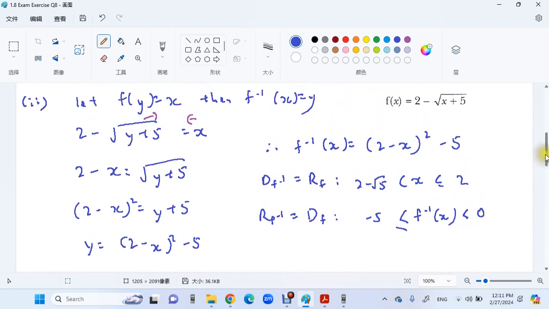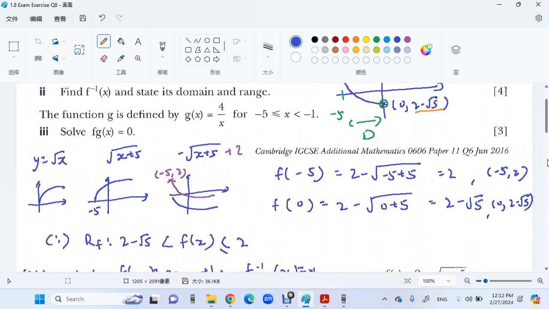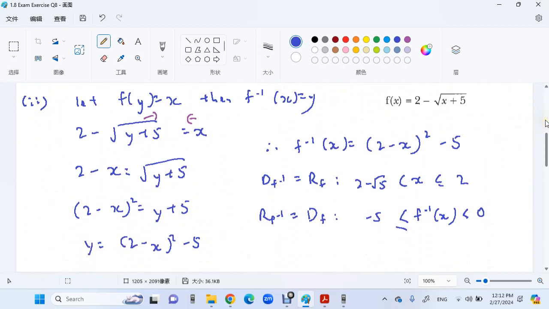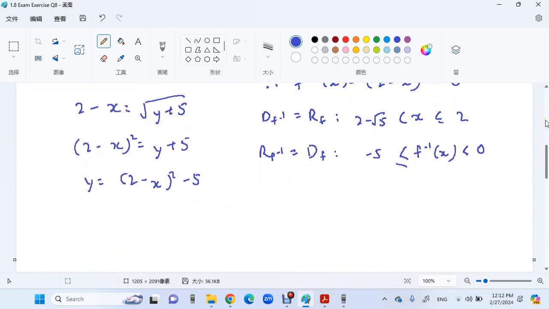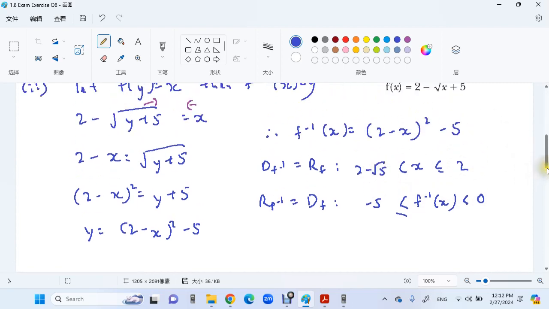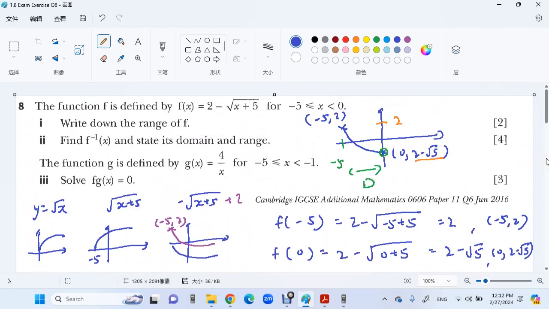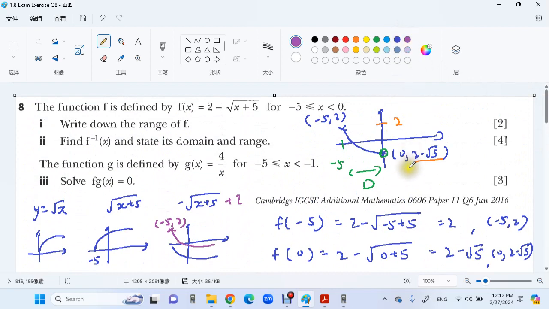So for this one, we know that this is something like this. Then we have the (x minus 2) squared, 2, negative 5. So we have the 2, negative 5 and somewhere here. So it will be something like this.